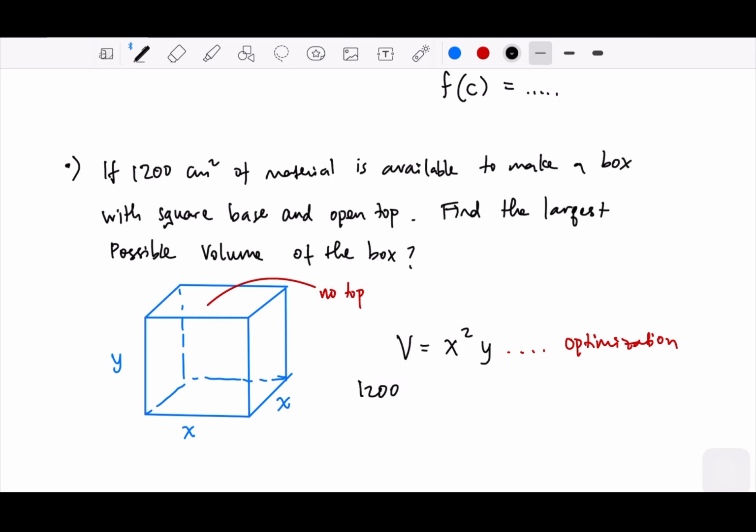The top is empty, right? So this will equal x squared plus 4xy. And this is what we call our constraint. Now what we are going to do is we are going to have this optimization, right? This is our terms, our formula, our relations.